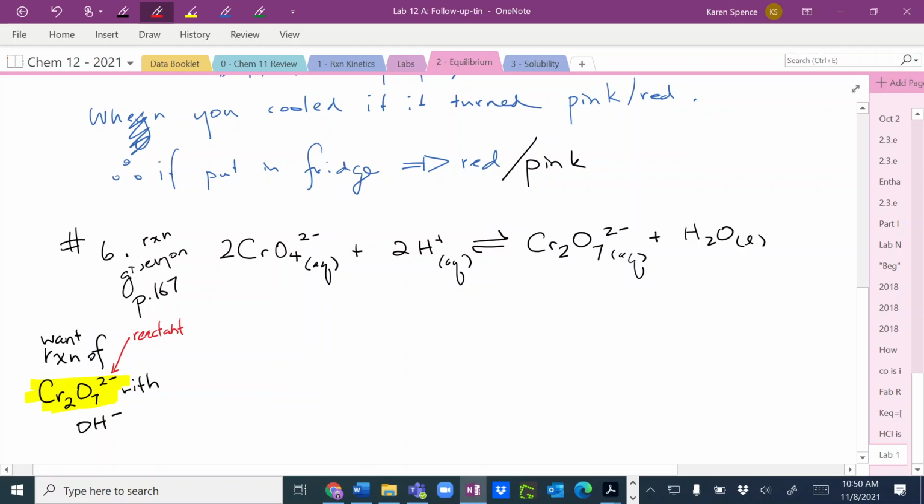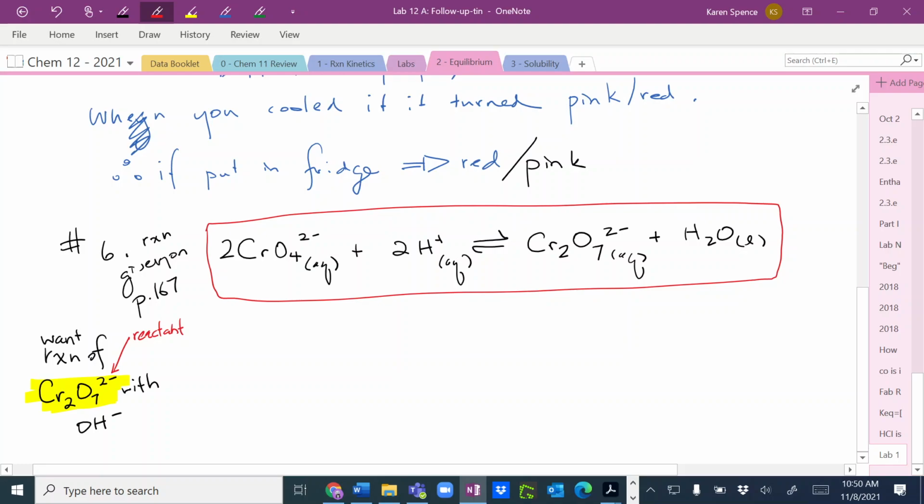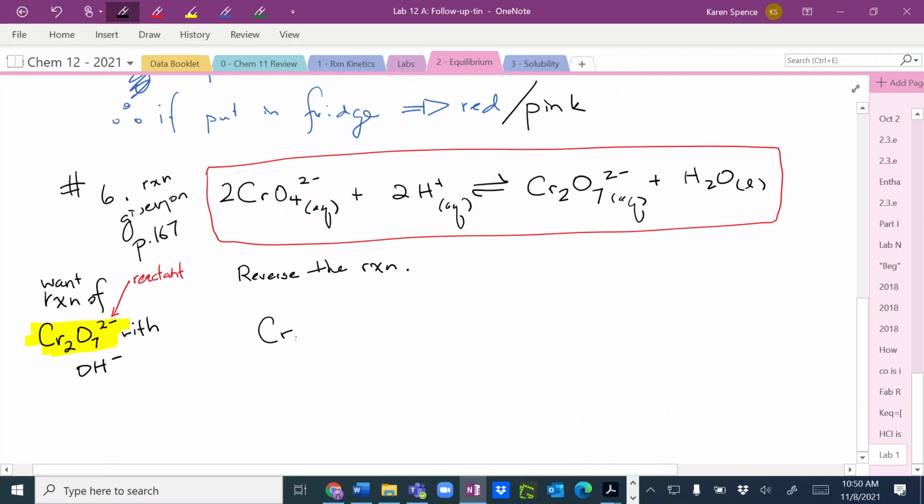What could we do with this equation in order to make Cr2O7 2- a reactant? We could just reverse it, okay? So let's do that. We have Cr2O7 2- plus H2O in equilibrium with CrO4 2- plus 2H plus.